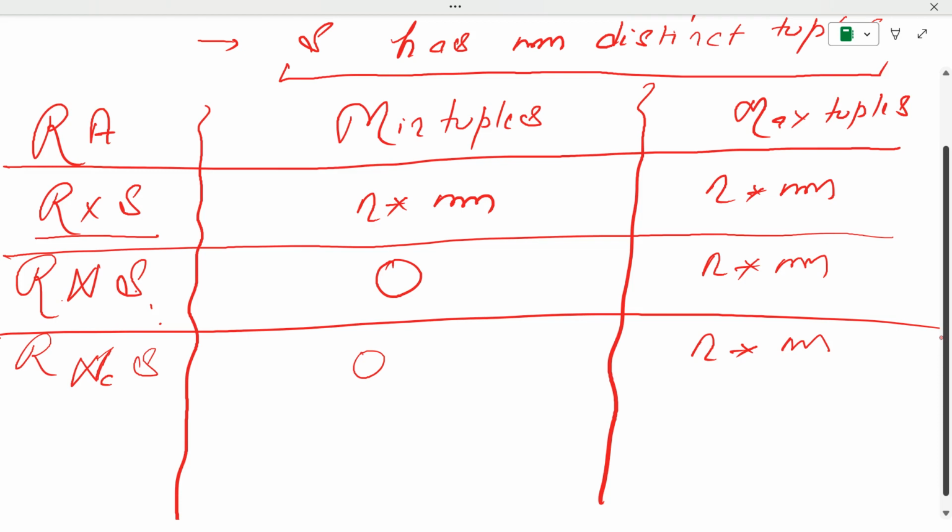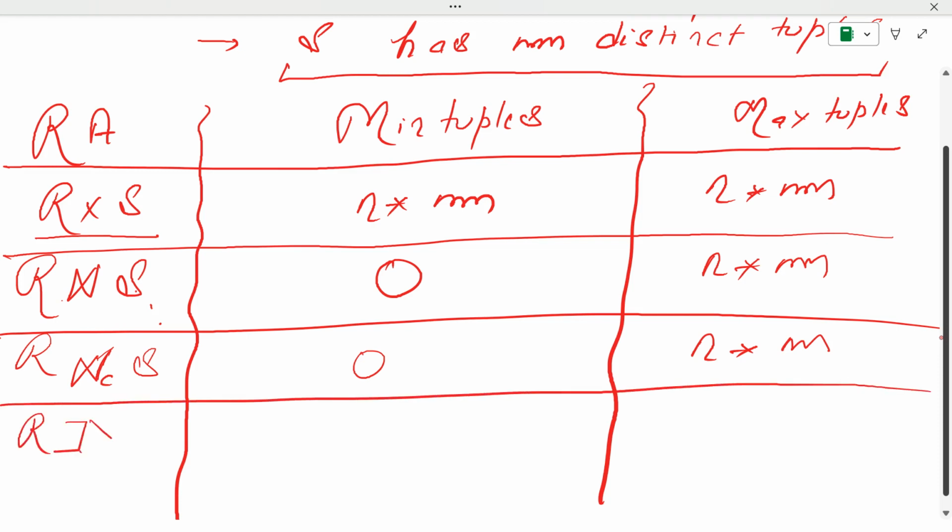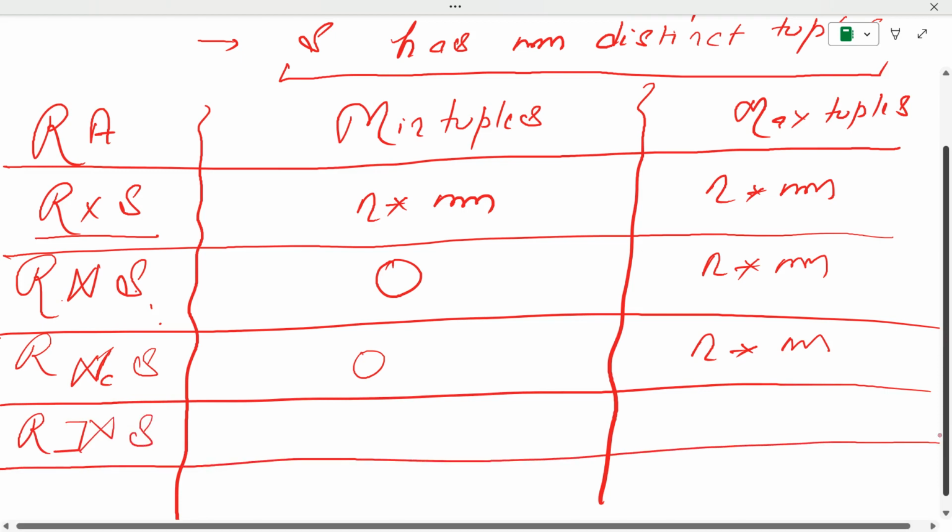If we are performing the left outer join of R and S, the minimum number of tuples could be n.